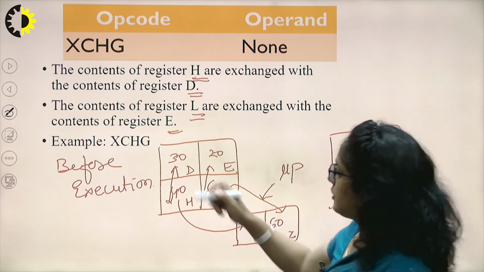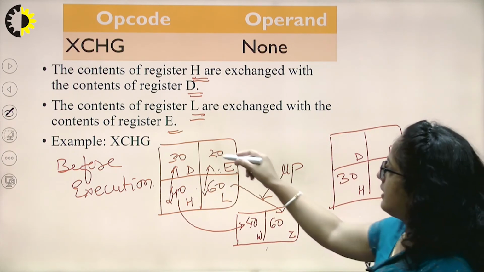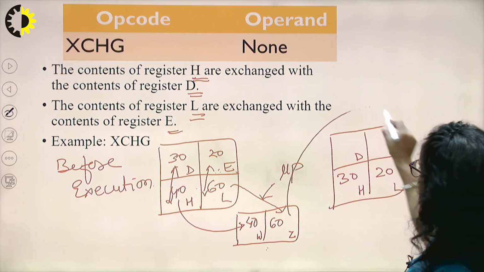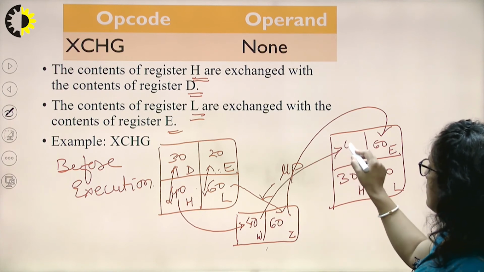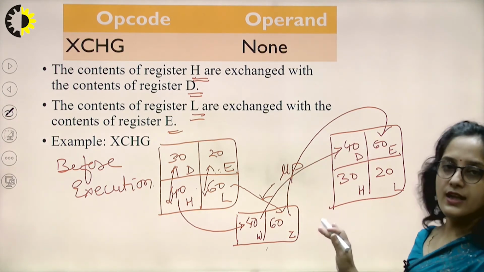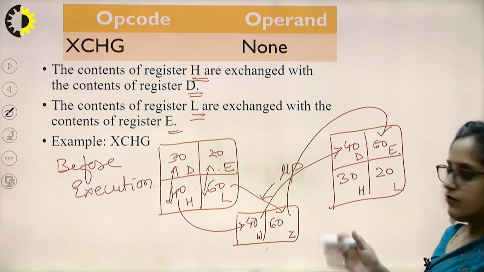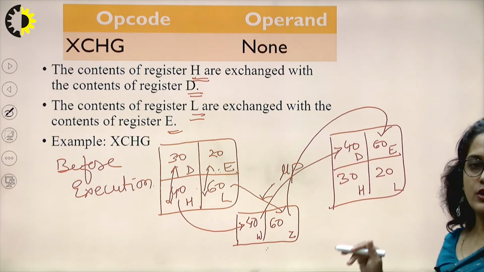Now the content of the D register gets transferred here, so it becomes 30. The E register becomes 20, and now this 60 is transferred here and 40 is transferred here. So you can see that there is an exchange: 40 and 60 get transferred to D and E, and 30 and 20 get transferred to H and L.